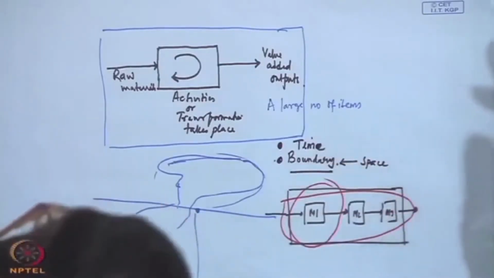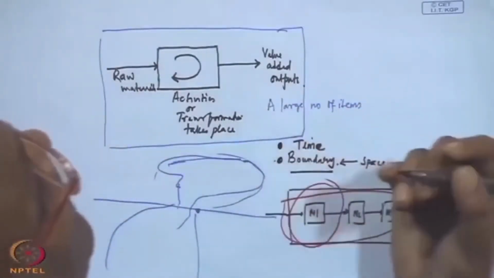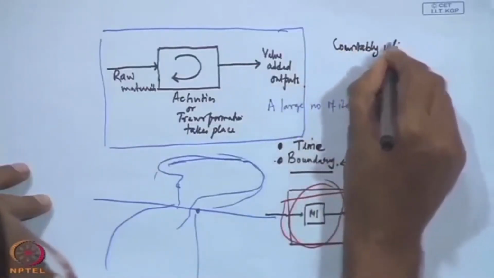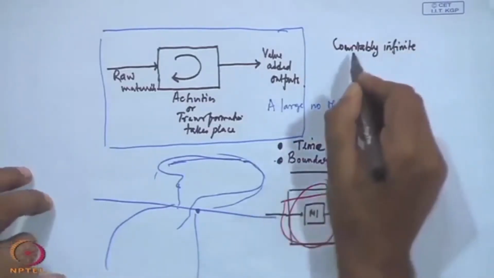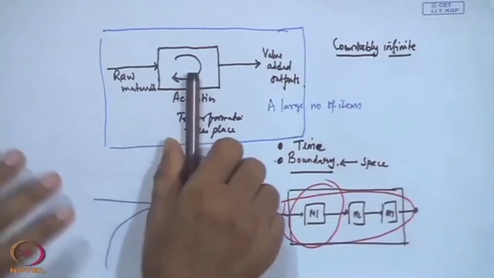If you go for the entire life cycle of a process, what will happen? Can you count the number of outputs? It is very, very difficult. If we talk about the entire life cycle, the total time of the life of the process, the number of items produced will be countably infinite. Whether countably infinite or infinite, in statistics we basically define it in two senses.